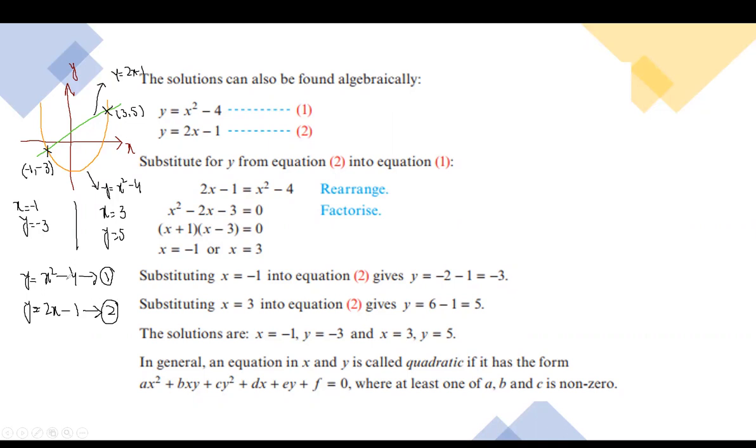Now compare both equations 1 and 2: x squared minus 4 equals 2x minus 1.